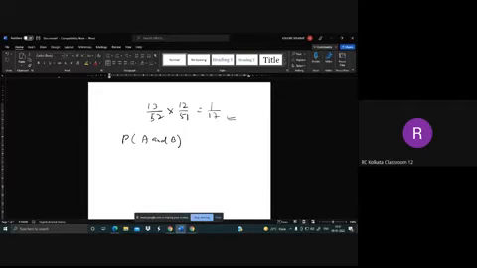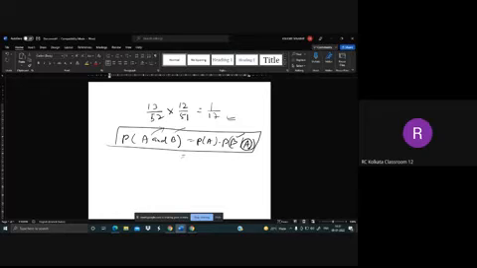Okay, so that is the probability of A and B. And what is that? Probability of A into probability of B given A. What is my B event? The next card will be a spade, whereas the first card is already a spade. This is the conditional probability we discussed in the previous Sunday class.